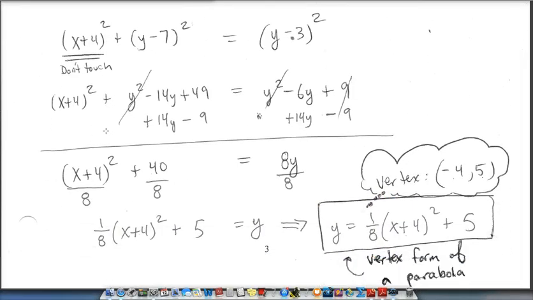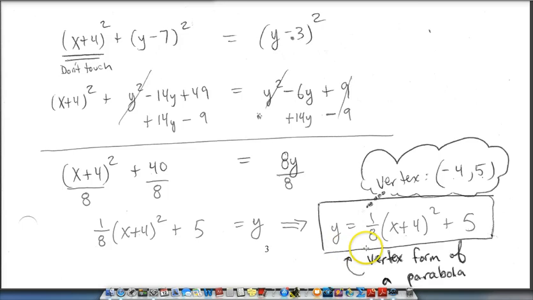Okay, but they do square the other binomials, which they've had experience with, and I just instruct them to get the y by itself. So eventually we get down to 1/8 times the quantity (x plus 4) squared plus 5 equals y, which we just turn around so that the y is on the left. And we get this, the vertex form of the parabola.